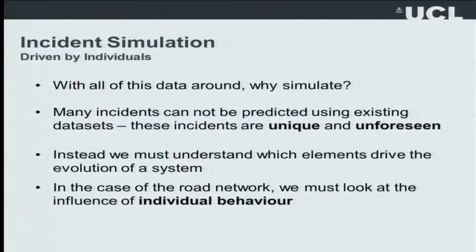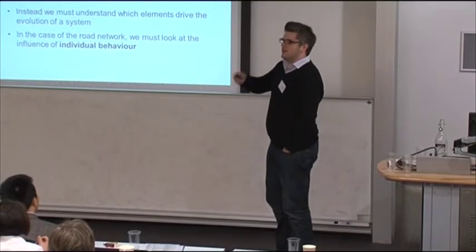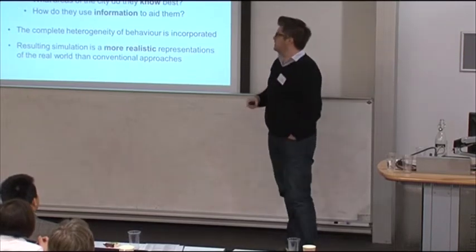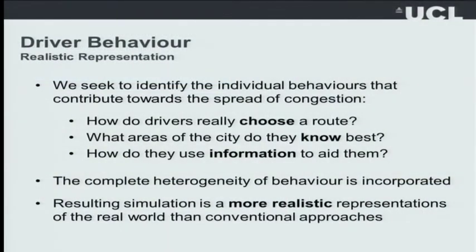So we want to look at how people respond to congestion, how they respond to an incident in the road network, and how that affects the rest of the system itself. Individuals can be represented in this respect in three ways.